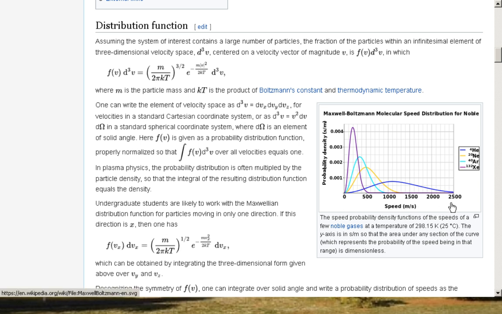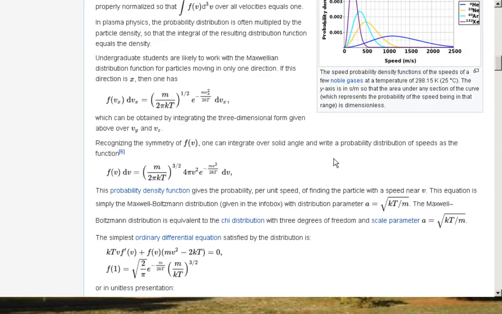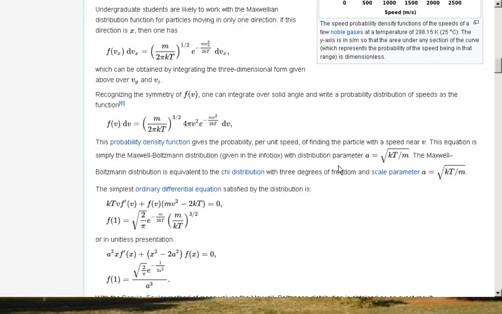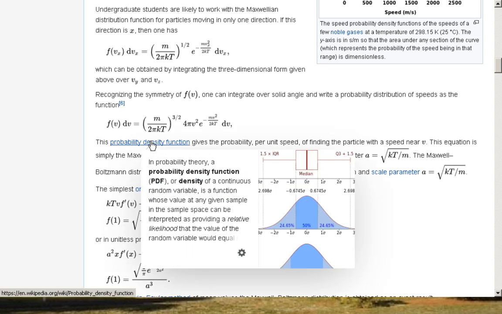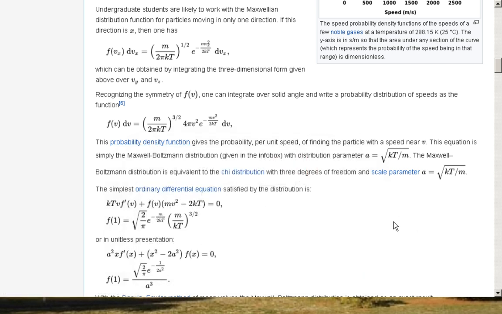This is the speed in meters per second. Probability density function. That's a PDF of finding a particle with a speed near v.